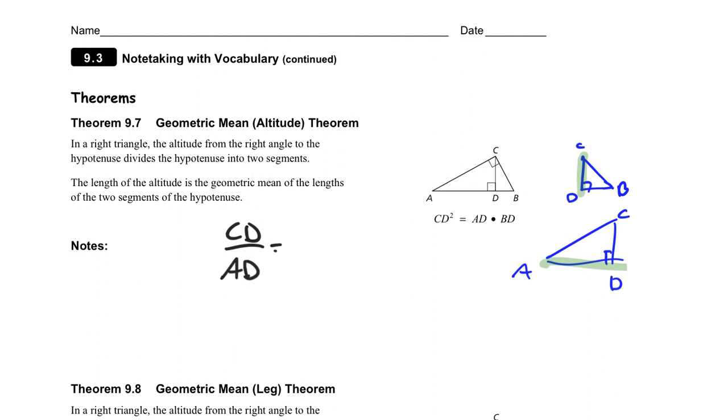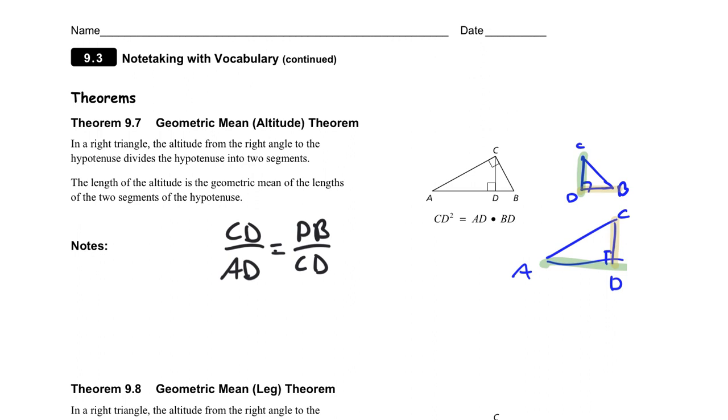Now let's look at the other leg of each triangle. So now let's look at DB. So that's going to go on the top of the second fraction. And that's going to correspond with CD. I can't read my own handwriting. That's going to go with CD.